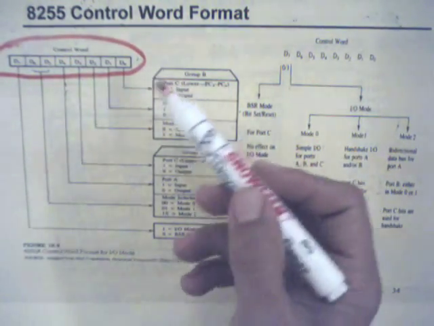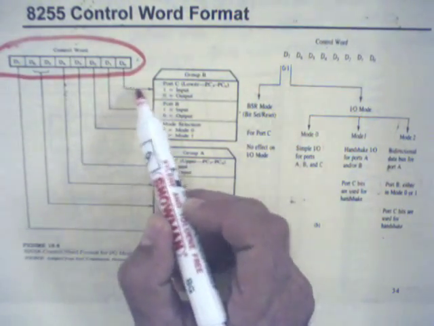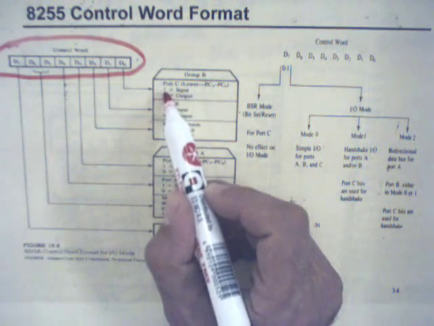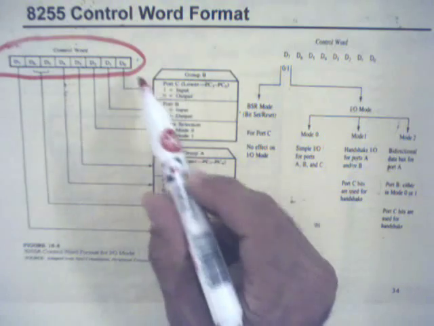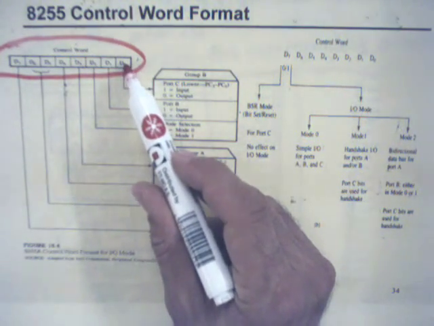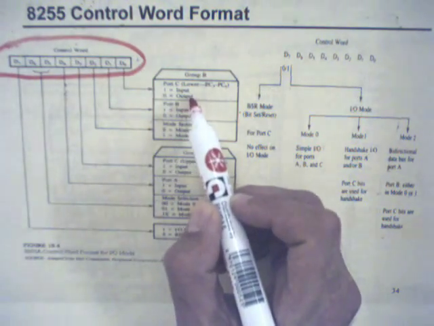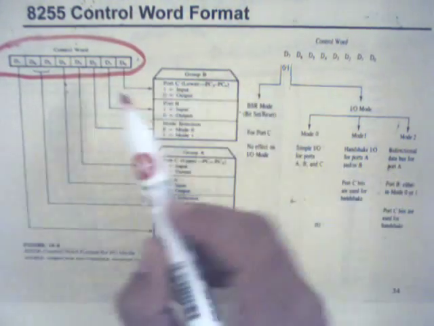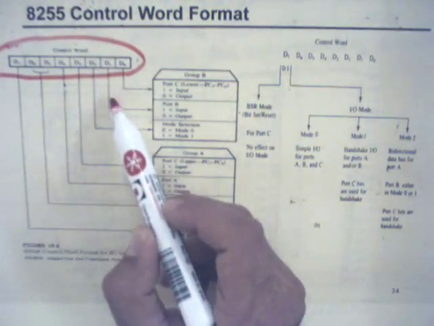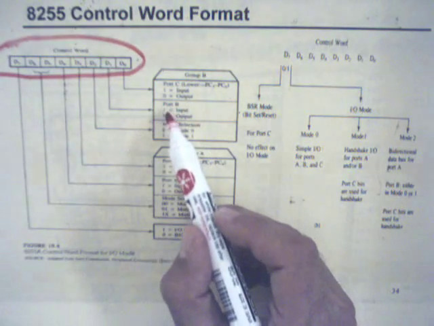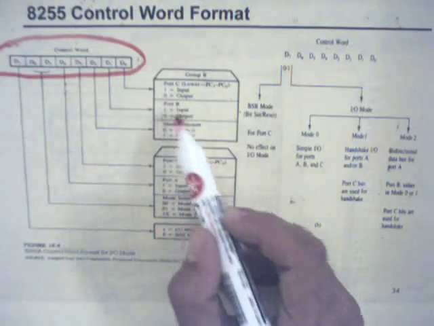Whenever this logic information enters into the 8255, the options are as follows. The least significant bit, whenever it's 1, the lower part of port C, CL, is input. Whenever the logical value in that bit is 0, they are programmed as output. D1 bit, or the next least significant bit, whenever it's 1, port B is input. Whenever it's 0, port B is output.